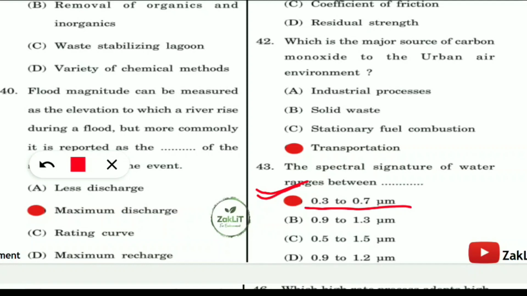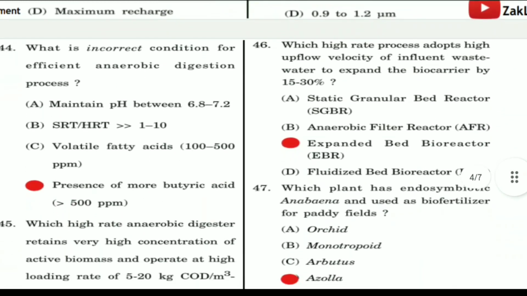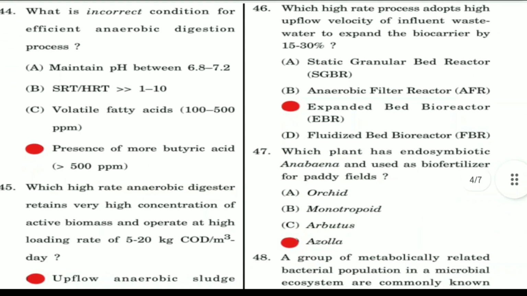Vegetation also you should know, and if you know, you can comment to me in the comment section. Let's move on to the next set of questions. Next question number 44. It is asking, what is the incorrect condition for the efficient anaerobic digestion process? It is asking which is incorrect related to the efficient anaerobic digestion process. So here option D is incorrect.